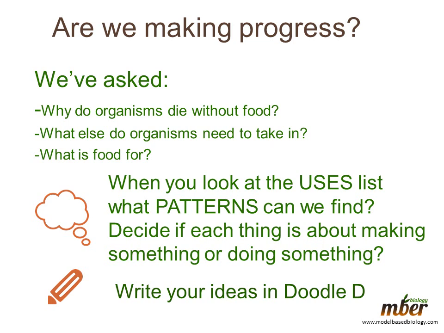You have growth in your body. You can grow muscle, for example. So, is growing muscle making stuff, or is growing muscle doing stuff? What do you think? Well, hopefully you think growing muscle is making stuff. You're making muscle. So you would write grow muscle under make stuff.